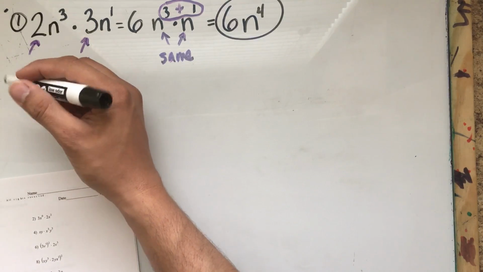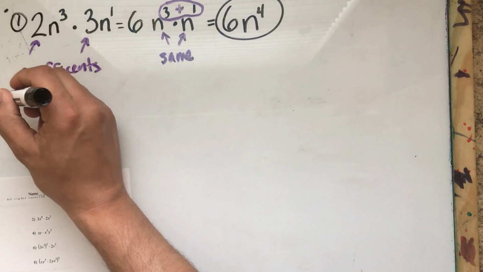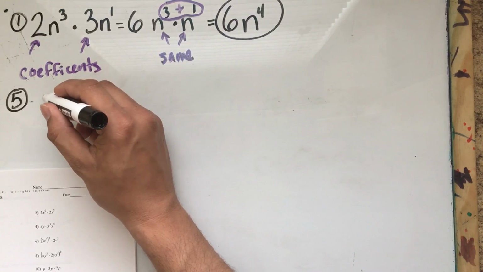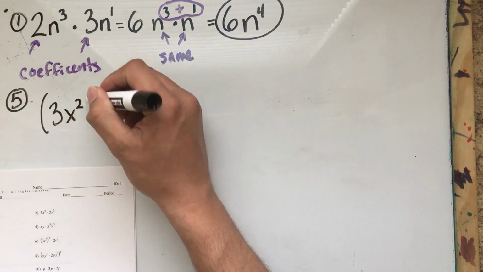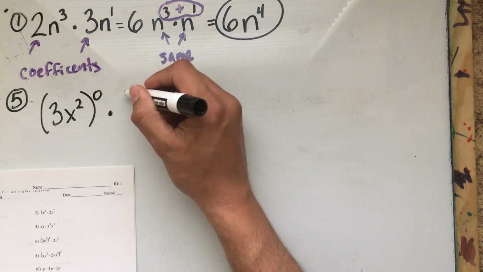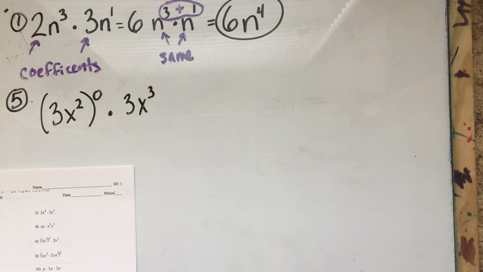Let me jump down to a question like number 5. Number 5 is a good one. So number 5 is, inside the parentheses, we have 3x squared raised to the 0 power times 3x to the third. All right.